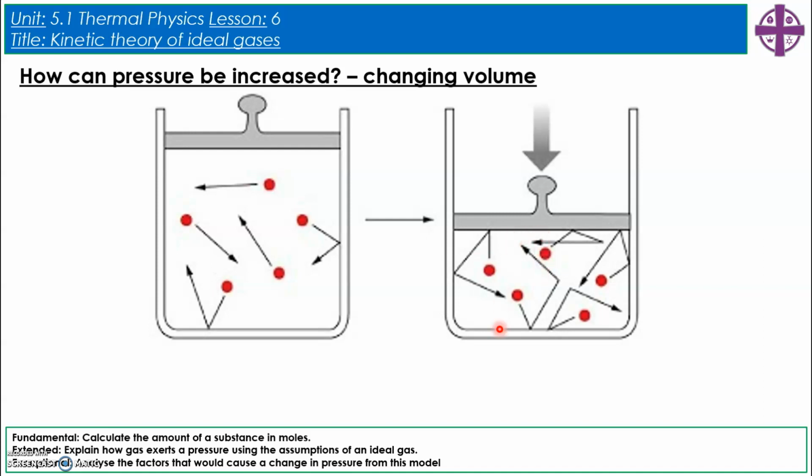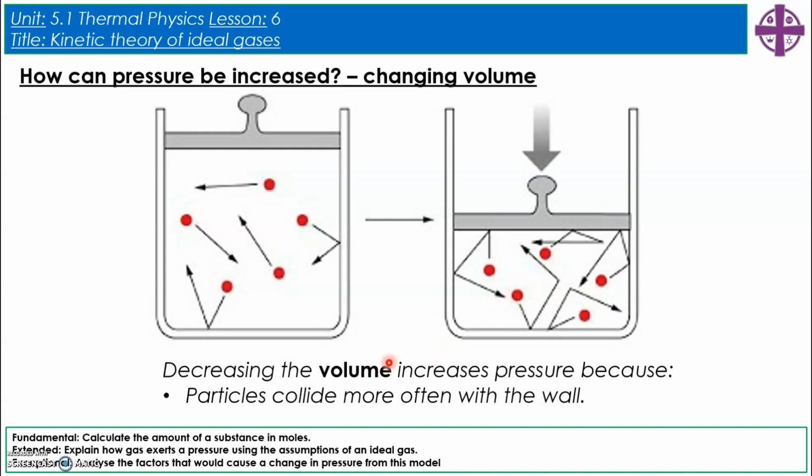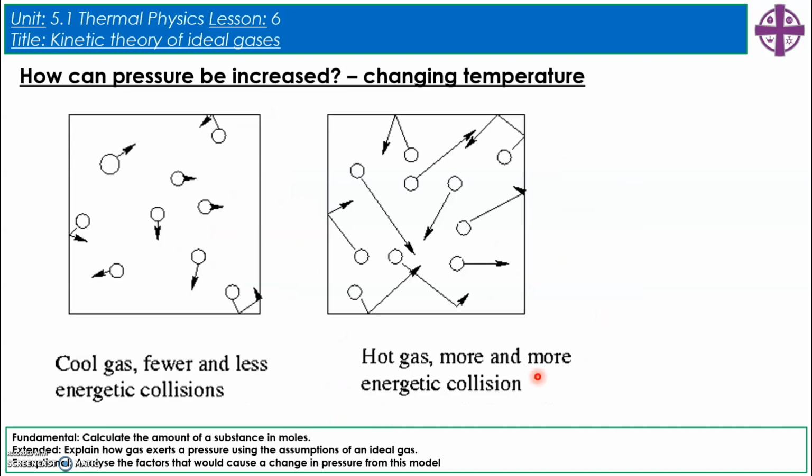But because there's less distance between the walls now, they're going to be colliding with the walls more often. And if you've got more collisions, then the pressure is going to go up. So decreasing the volume increases pressure because particles collide more often with the wall. So there's an inversely proportional relationship between volume and pressure. We'll look at that in the next lesson a bit more.